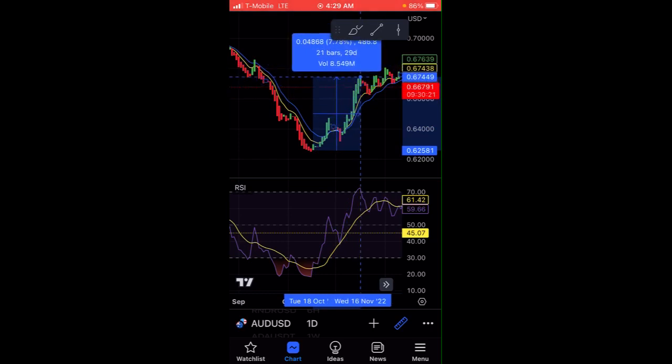It's almost a 4,868 pip move. So if you had a $1 lot size, you would have made $4,868. So it's not a guarantee that it's going to always do that.